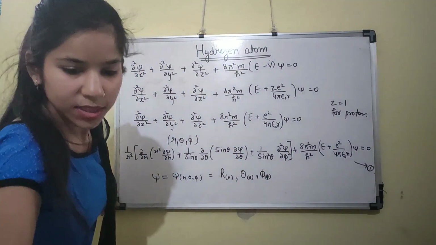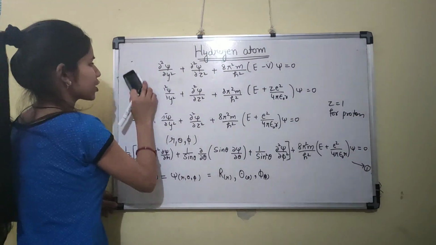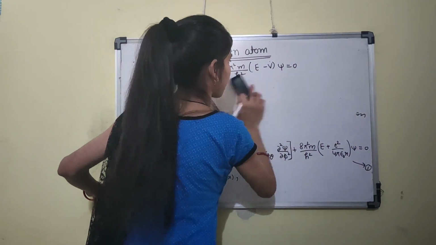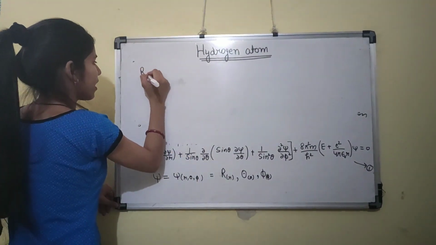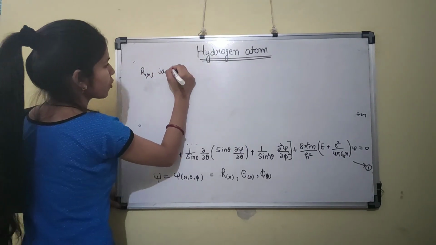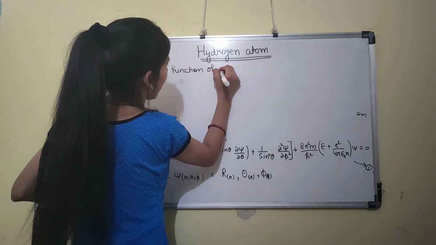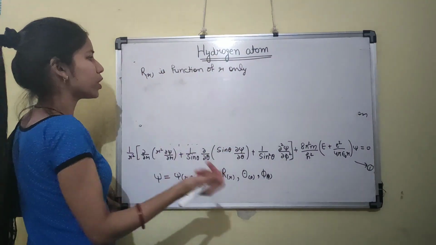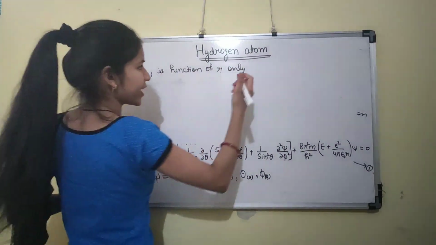In this, R is a function of r only, which means that it depends only on r and is independent of theta and phi.